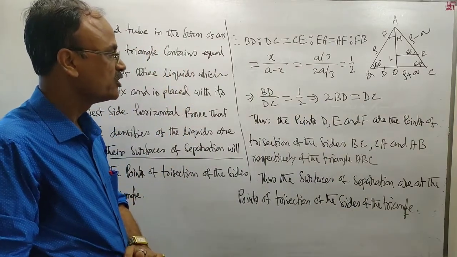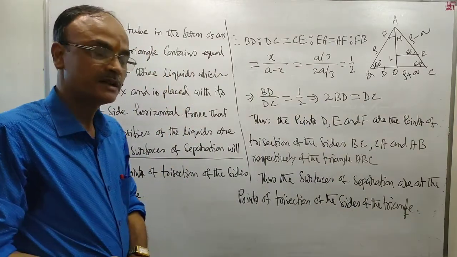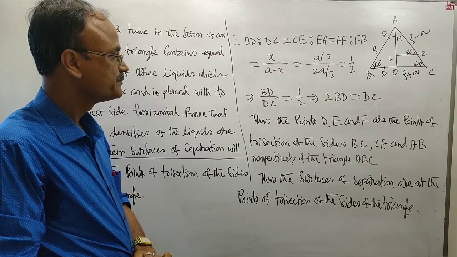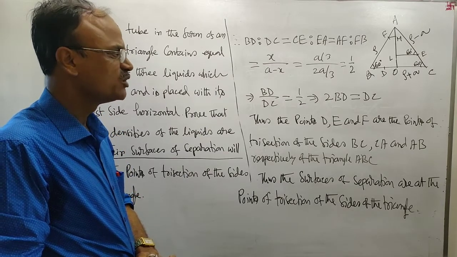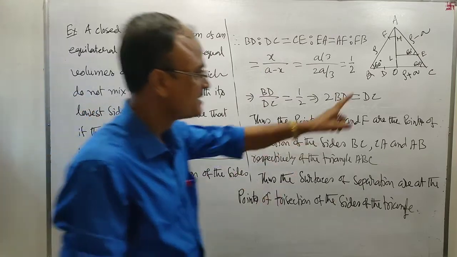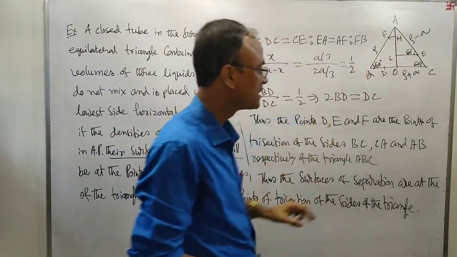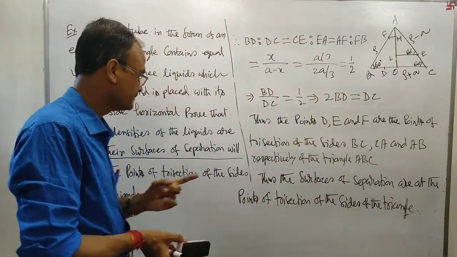Perhaps you have understood this. Very easy. D, E and F are the points of trisection of the sides of the triangle.